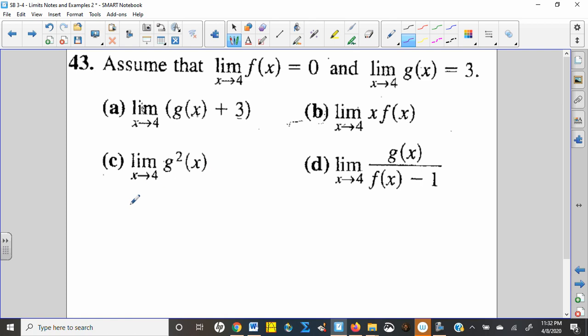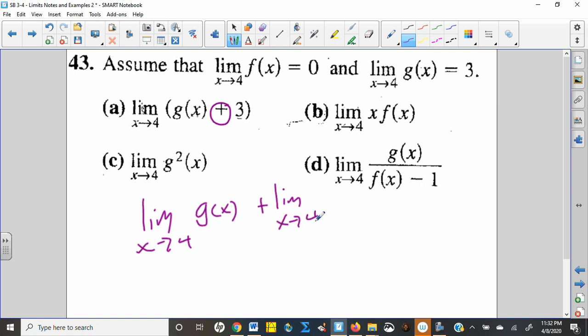But if you did have to show work showing the properties of limits, like on A, you'd have to use the limit properties and split the limit by addition in this case. Then the limit of a constant is itself, no matter what you approach, and then by substitution, this is 0, and so you get 0 plus 3 is 3.